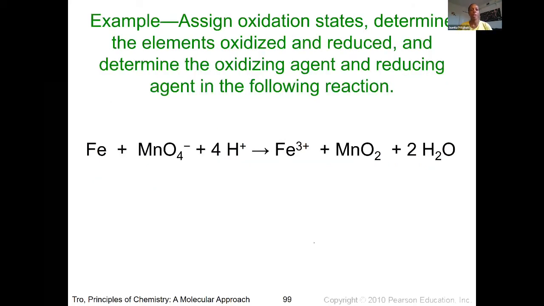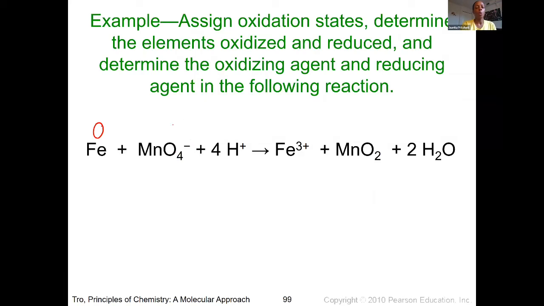Now let's look at this final set of problems. We have Fe plus MnO4 minus permanganate plus 4H plus, and that's producing iron 3 plus, MnO2, plus H2O. So we go through and assign all of them their oxidation states. We would put 0 here, and then we know that the sum of the charges has to add up to -1.